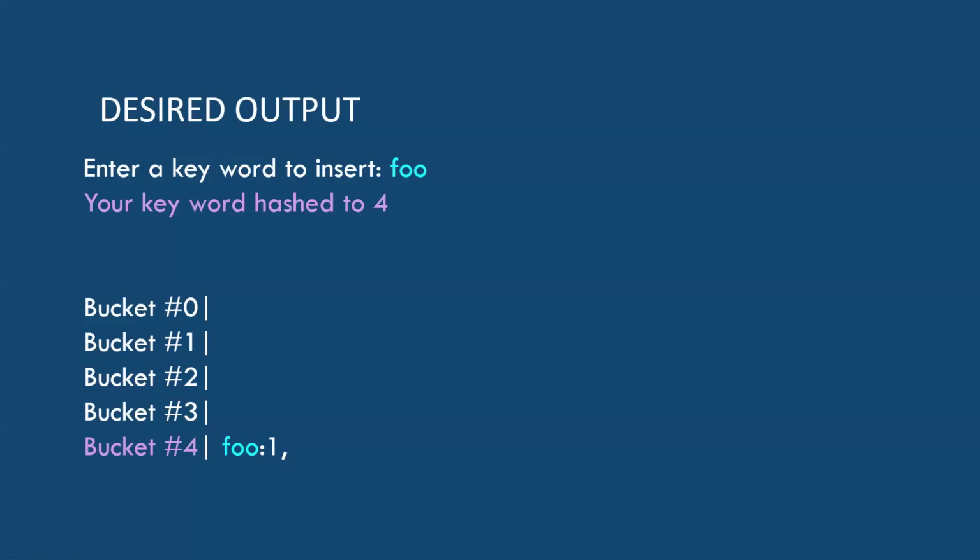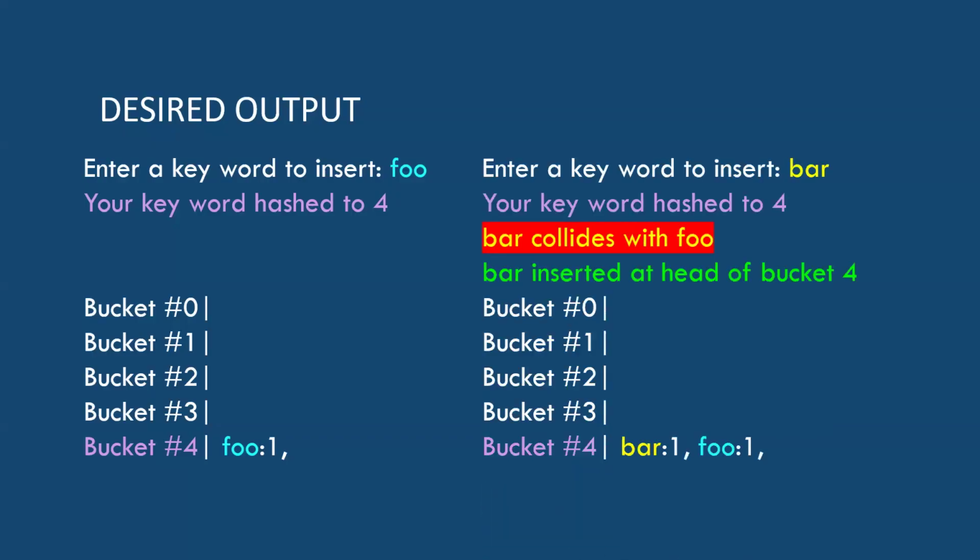And the unit tests for homework 5 are pretty comprehensive. So we'll be crunching out hundreds of buckets and thousands of words in there. So you won't have to write that code, but if there's a bug in your code, it'll probably find it pretty well. Okay. So if you get a collision, then you should see that something collides, and then it should add it to the linked list, etc.